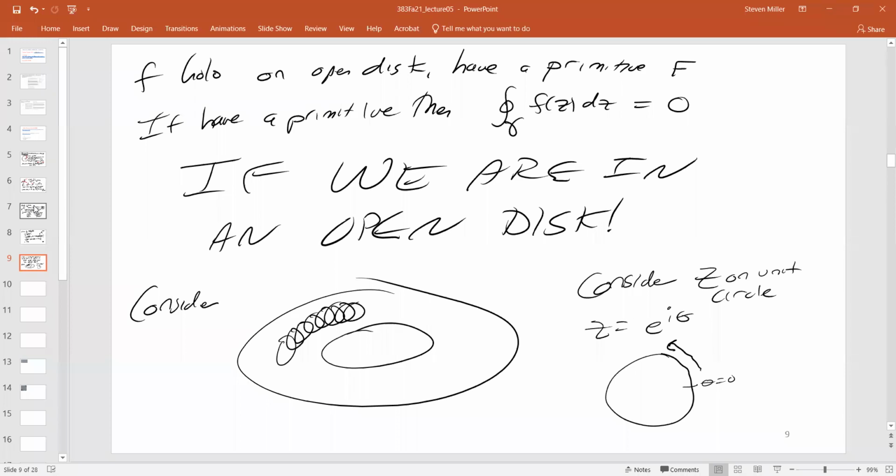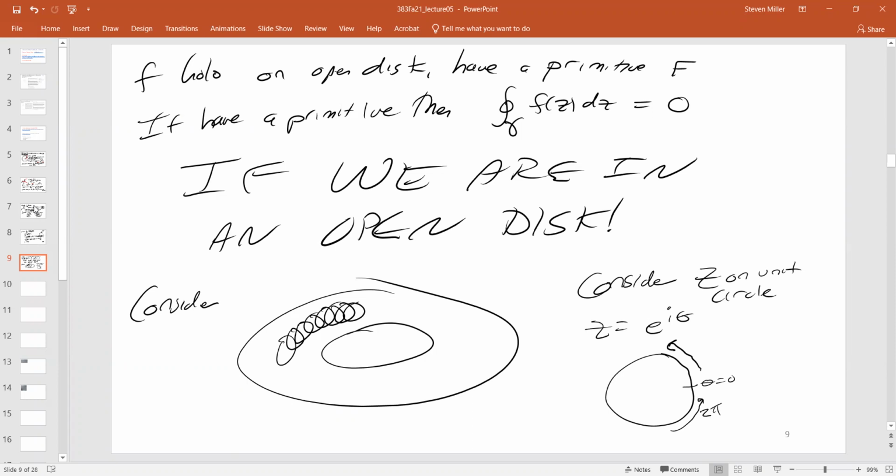It gets bigger. What's theta when we go a quarter of the way around? Pi over 2. We never use degrees. We always use radians because we want the derivative of sine and cosine to be related to each other. So if we keep going around, it's approaching 2 pi as we come back.